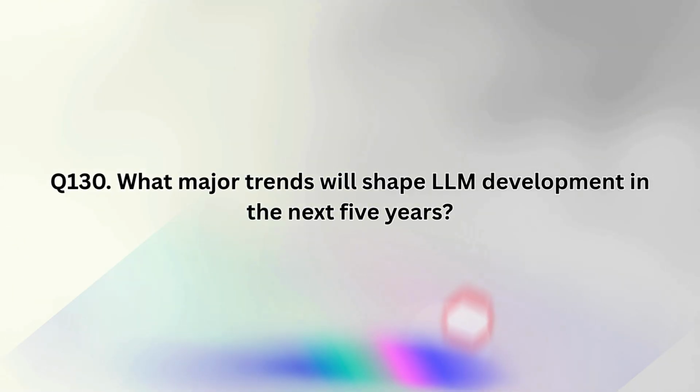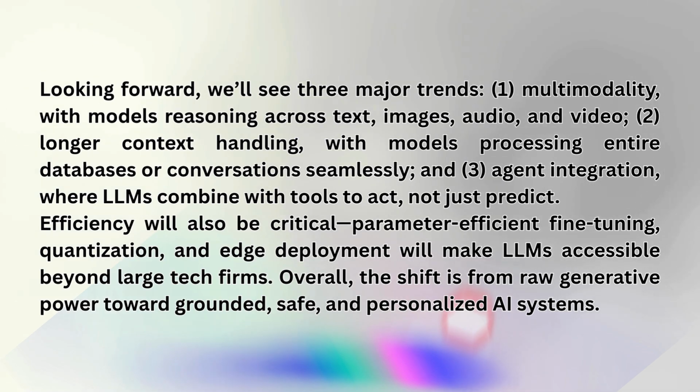What major trends will shape LLM development in the next 5 years? Looking forward, we'll see 3 major trends. 1. Multimodality, with models reasoning across text, images, audio, and video. 2. Longer context handling, with models processing entire databases or conversations seamlessly.